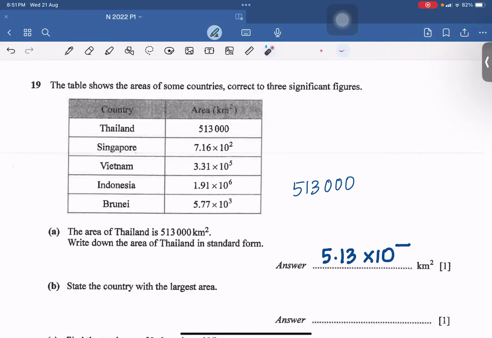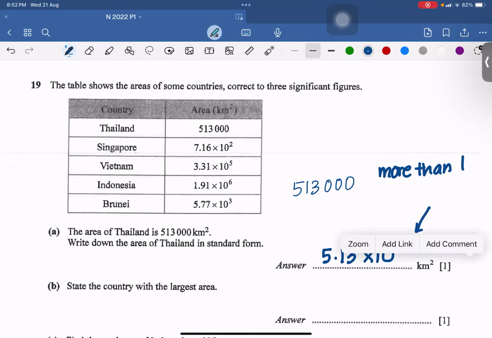Observe, is this number more than 1 or less than 1? This number is more than 1, right? Is the power going to be positive or negative? No response. Oh my God. Yeah, positive, okay? Thank you all for always answering my question. Okay, positive power.